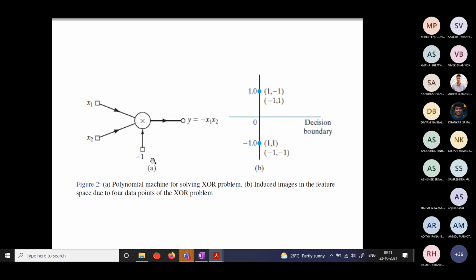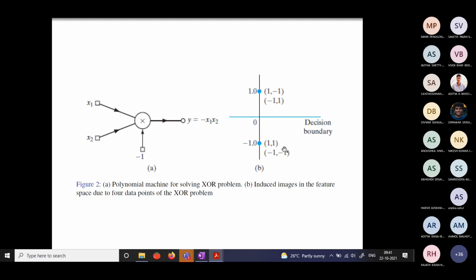See that by doing so, it exactly solves the XOR problem. Whenever the inputs are minus, minus or minus, plus, the value comes out to be minus. When both are different, the value has to be accordingly the same. Based on this, it solves this particular problem.